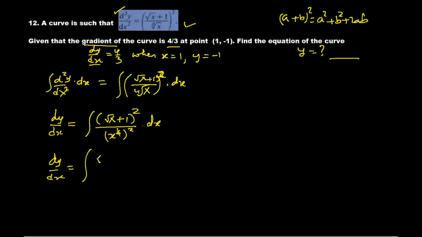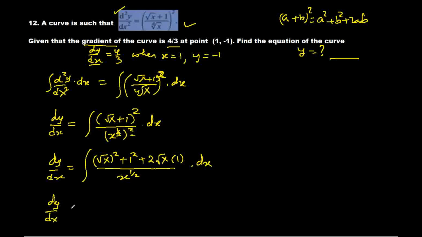So a square plus b square plus 2ab. Okay, divide by, now this is exponent of an exponent, they multiply, so 1/4 times 2 will be 1/2. Okay, and dx. So x to the power 1/2 is actually square root x. I'm not writing it right now because this may be helpful later.